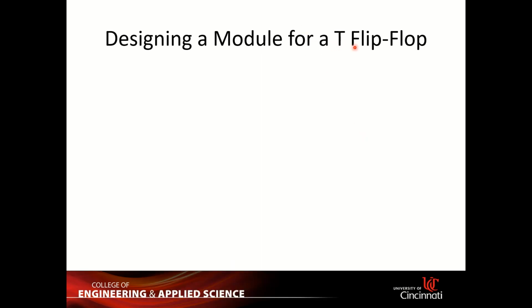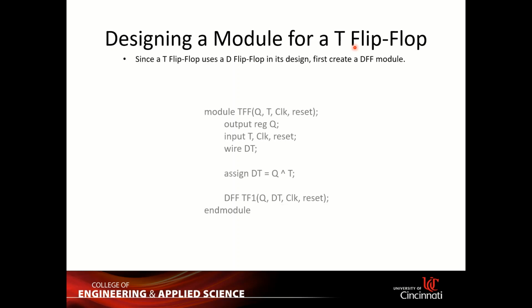Finally, is the T flip-flop. The T flip-flop is basically the same thing. It's very simple. If you go back and review this wire DT here, I use that just similar to the JK wire example.